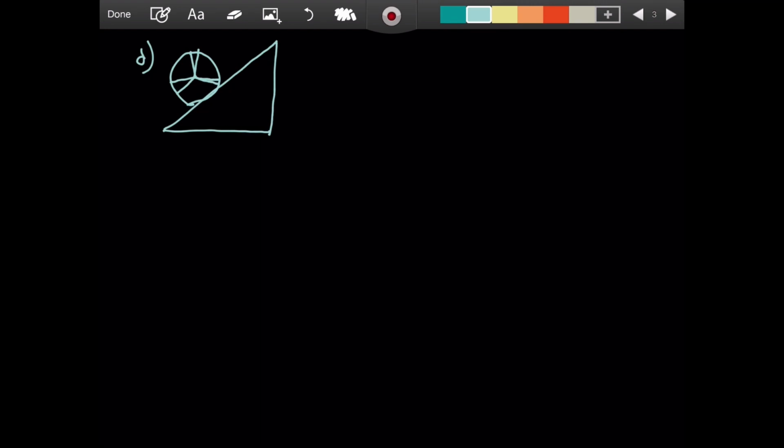Now we have this situation, and we're told to draw the free body diagram of the hoop rod system. So we have this dashed line which represents the incline. We have the hoop.